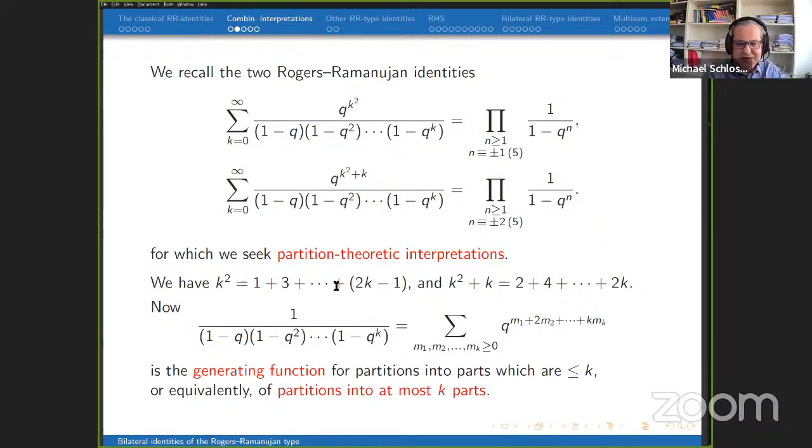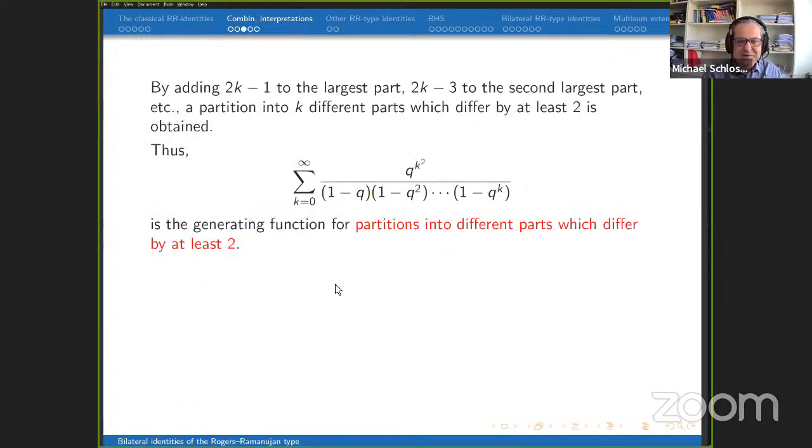So if you add that to a partition, also in non-increasing order, you get a partition into distinct parts which differ by at least 2.